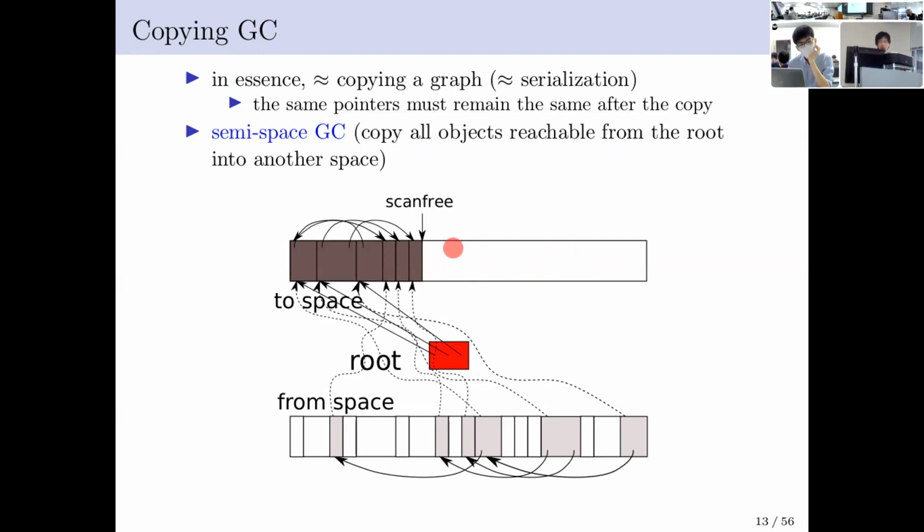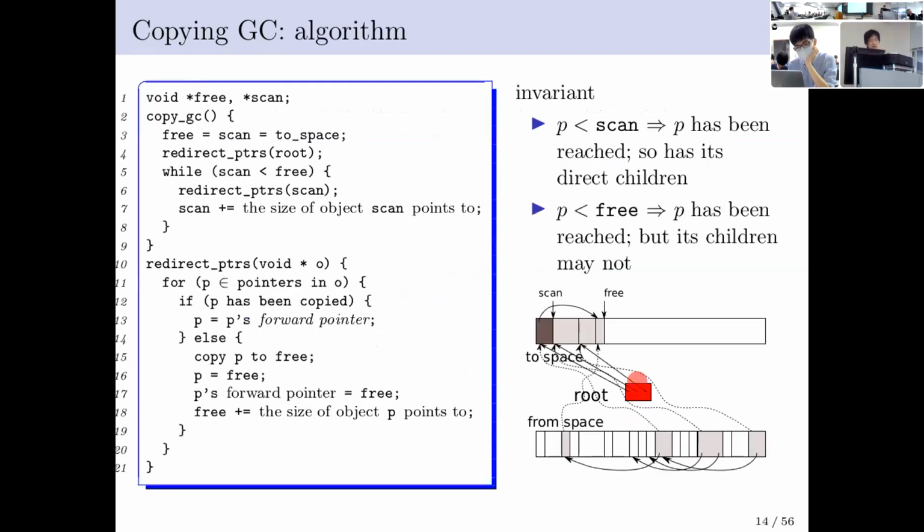You simply allocate memory blocks from this contiguous region. And if memory allocation reaches this point, you simply flip the roles of to-space and from-space. So you trigger another copying garbage collection to copy all reachable objects from the root from this space to this space. So this is how copying garbage collector generally works.